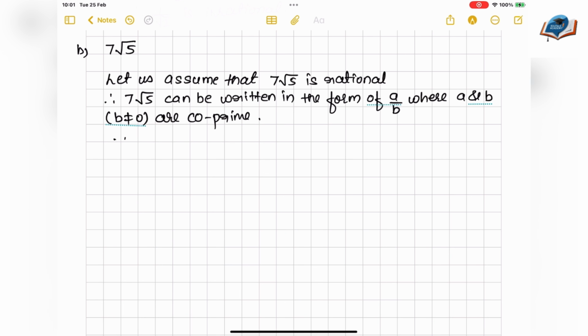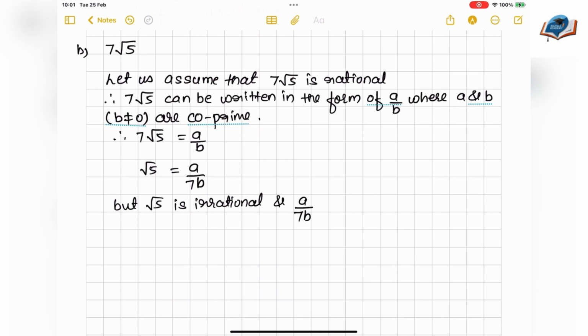Therefore, 7 root 5 equal to A upon B. So, root 5 will be A upon 7B. But root 5 is irrational and A upon 7B is rational.